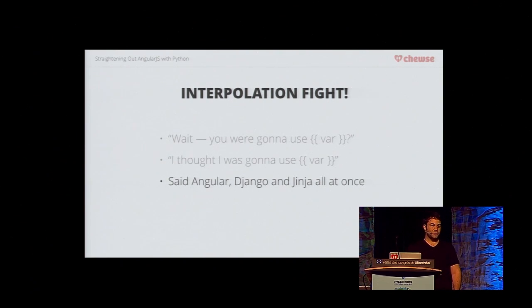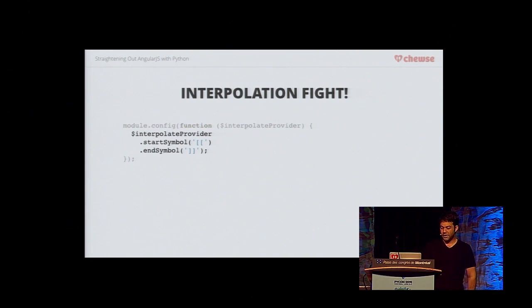And so if you want to do this double rendering where Django, for example, is rendering the template, sending it down to Angular, and then Angular runs the template, you can see the problem. But the good news is there's a simple fix. In Angular, you write a config, this interpolate provider. You can choose your own start and end symbols. I think the double square braces are nice. Those also came with their own problems, but that's another story.